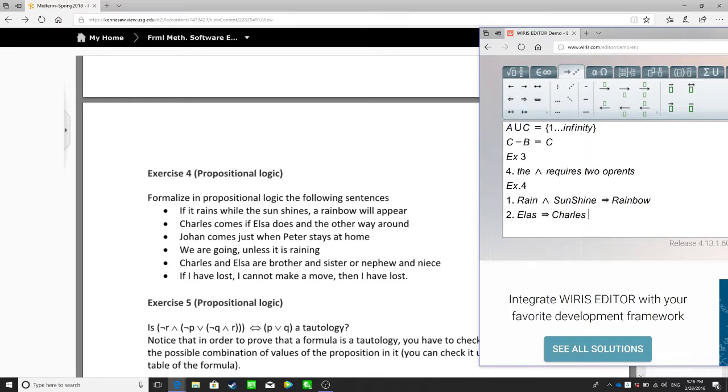And then the other way around, Charles implies Elsa. So it's an equivalence. We can also change the sentence to: Charles comes if and only if Elsa does.